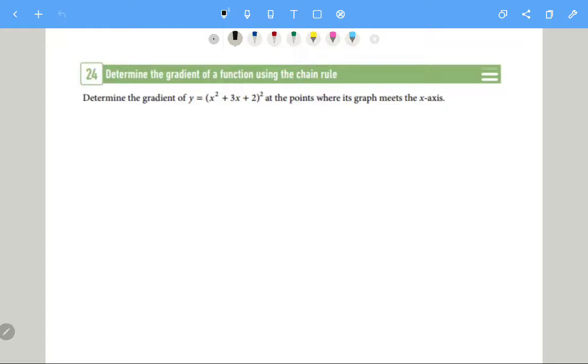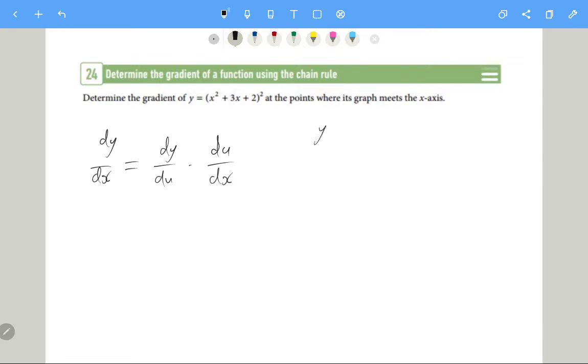So if we wanted to do this, we just apply the chain rule. So dy/dx is equal to dy/du times du/dx.